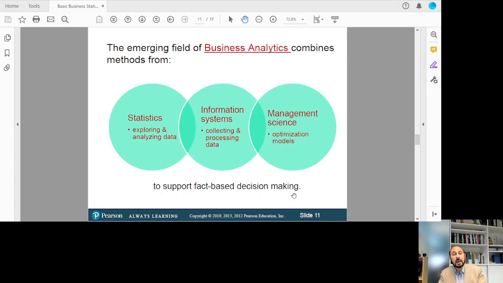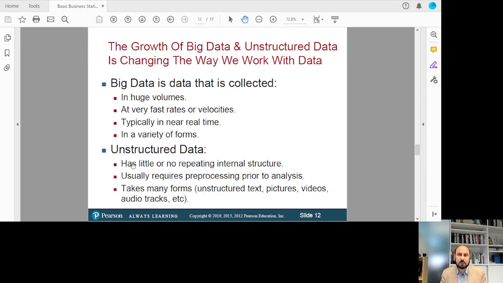And management science helps to optimize the models generated from that data to support fact-based decision making. The integration of these three fields makes the new field, business analytics, where statistics plays a very important role. It's a foundation of business analytics. Therefore, understanding it and using the DCOVA framework effectively is paramount for business analytics.